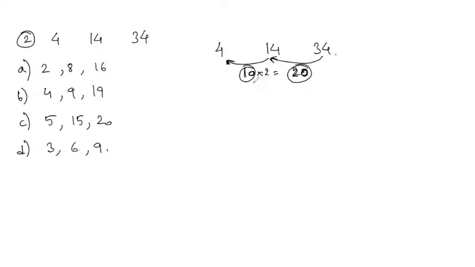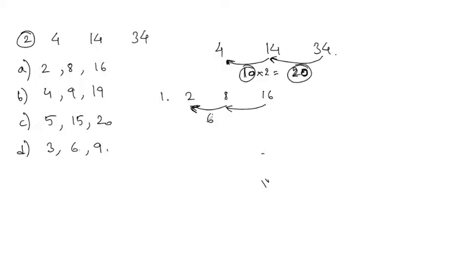Now we will check in all 4 options if this rule is being followed or not. First option, let us check 2, 8 and 16. What is the first difference? 8 minus 2, 6.